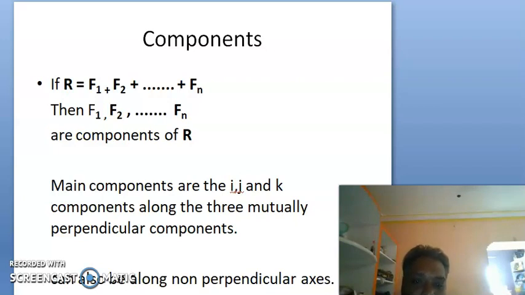As told earlier, there can also be three axes along non-perpendicular directions where the same components can be found out for certain special studies, but normally they are not comfortable.